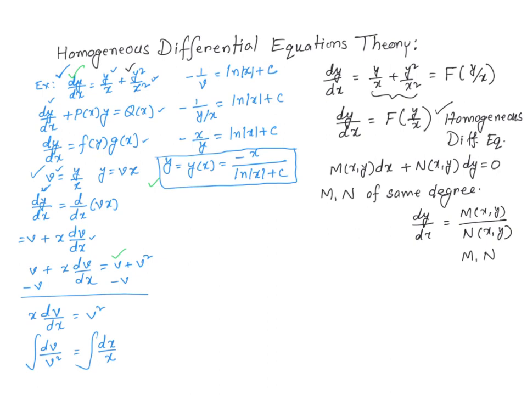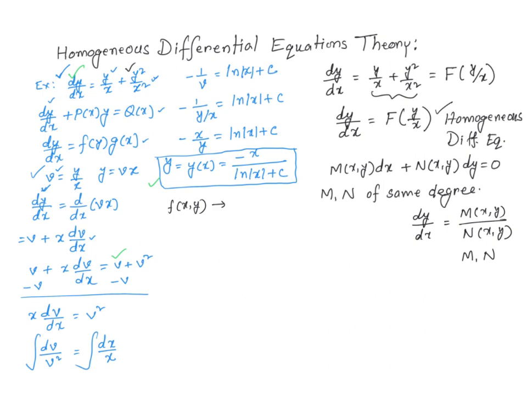However, let me briefly define what a homogeneous function is. Let's say we have a function f of x comma y. I will stick to two variables. It could easily be extended to n variables, and also to vector functions. But for the sake of simplicity and relevance, let me do it for two variables.